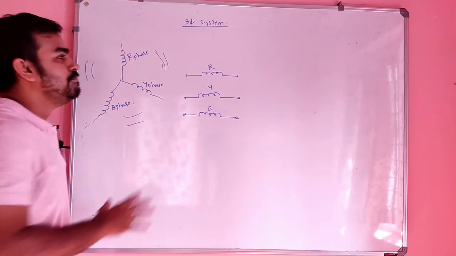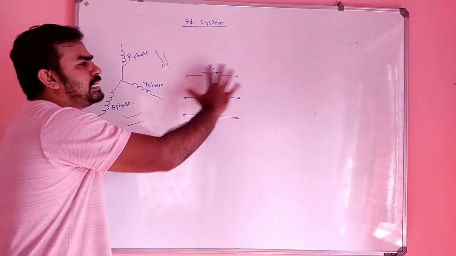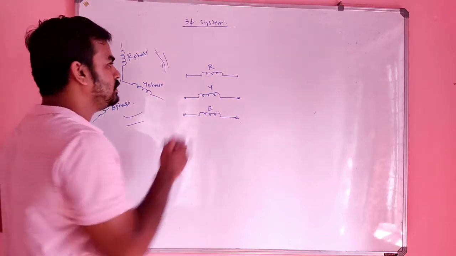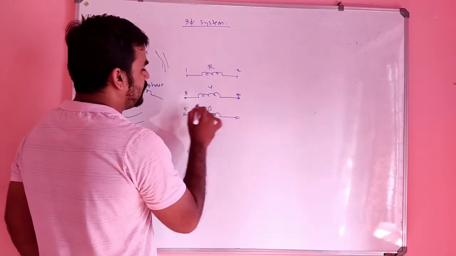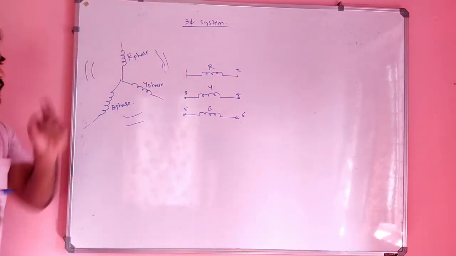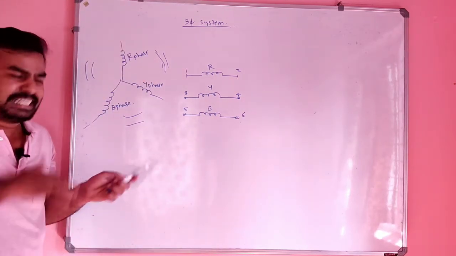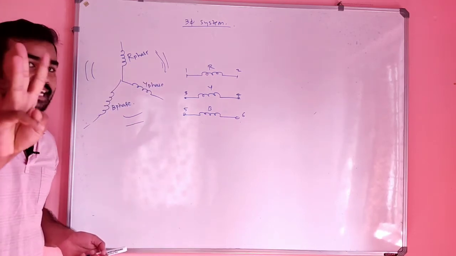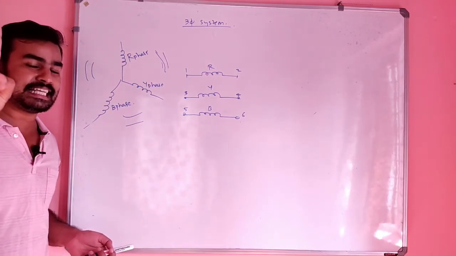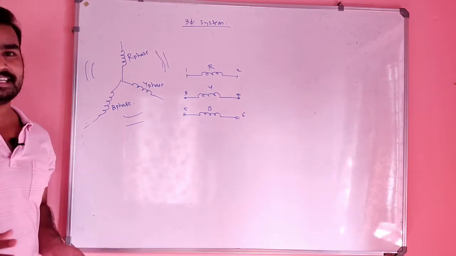So we have to connect these 6 terminals: terminal 1, 2, 3, 4, 5, 6. We have to connect them in some manner to produce only 3 conductors as the output of a generator.